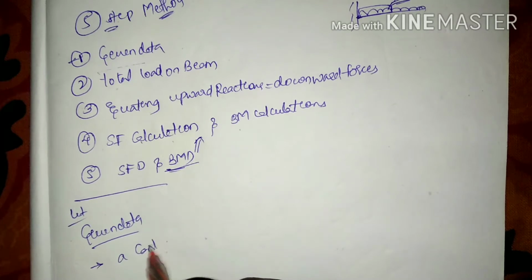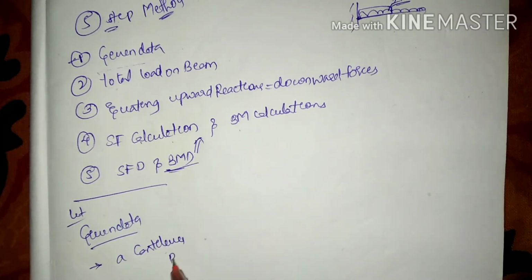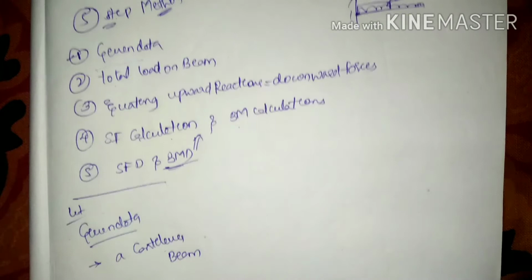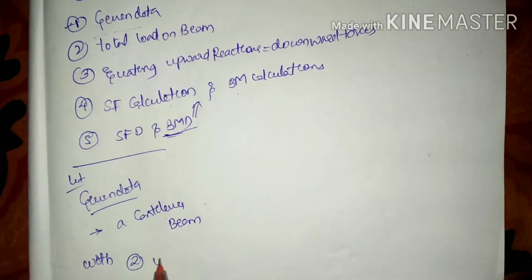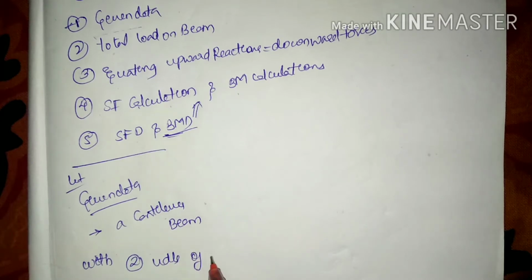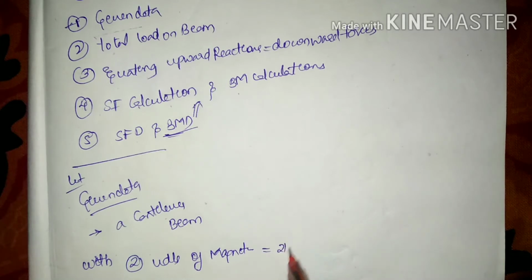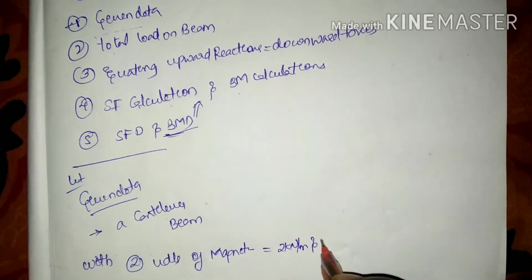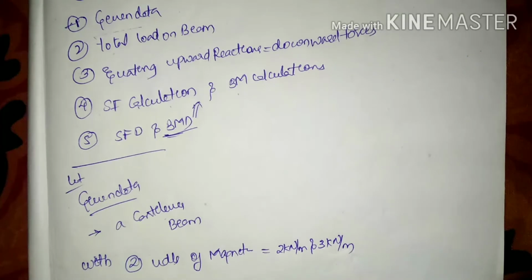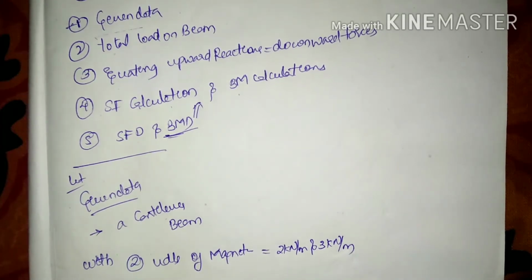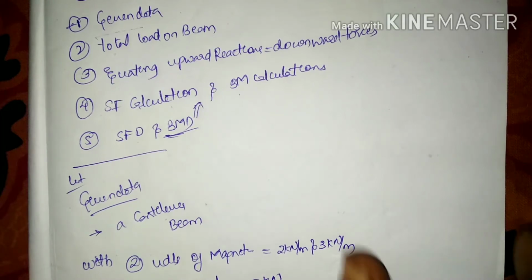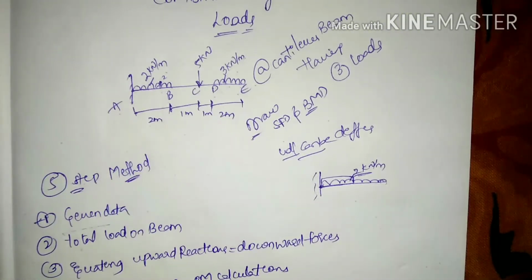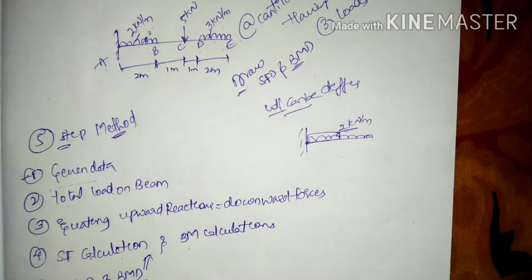A cantilever beam with two UDLs of magnitude 2 kN per meter and 3 kN per meter, and one point load, that is 5 kilonewtons, here itself.